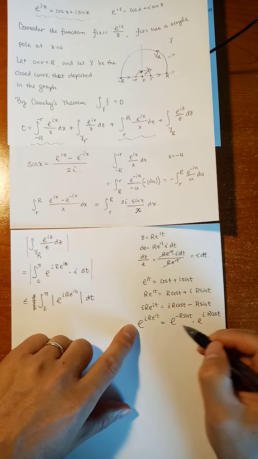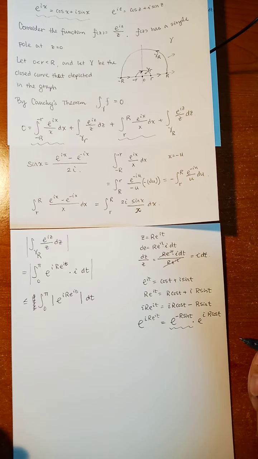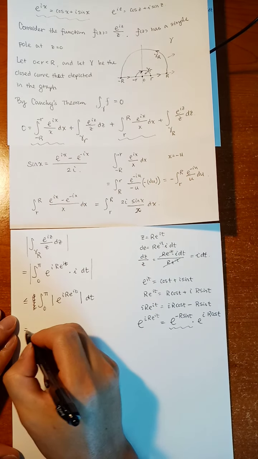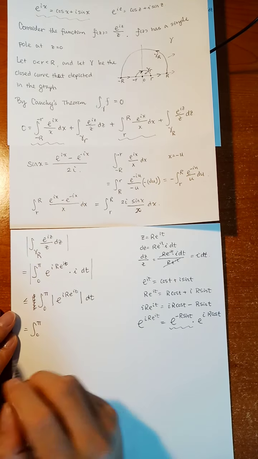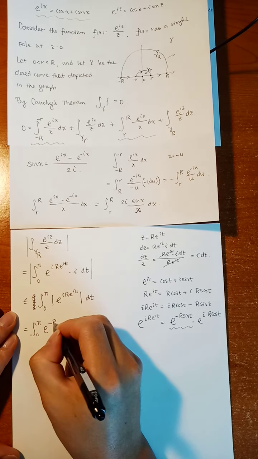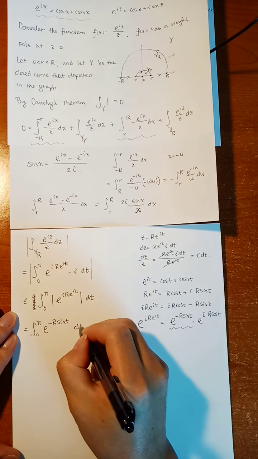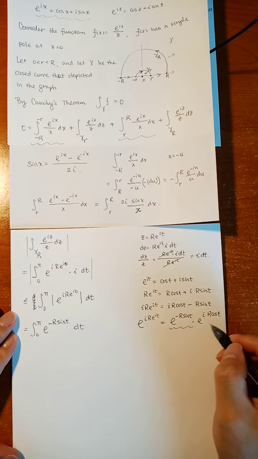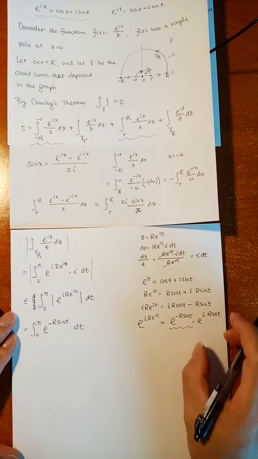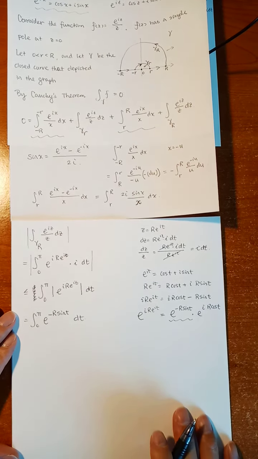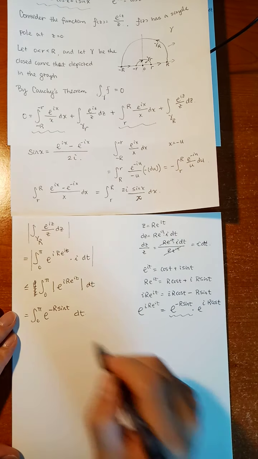And this modulus is exactly this term. It is equal to the integral from 0 to pi of e^(-R sine t) dt. This is the argument part, so its modulus is 1. Here is the modulus.